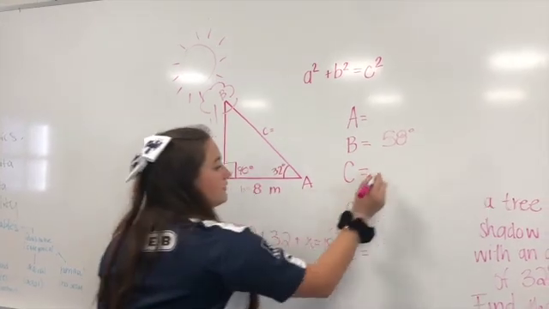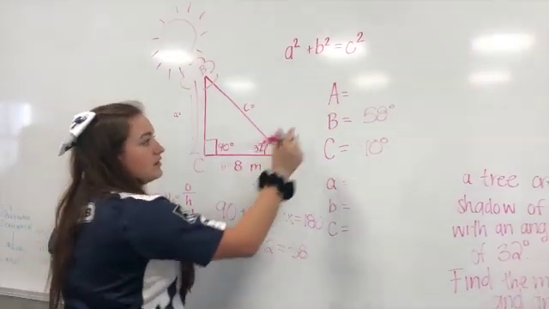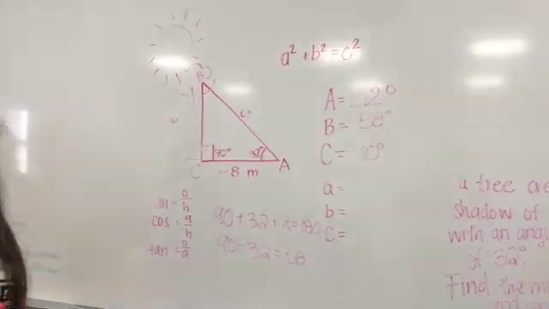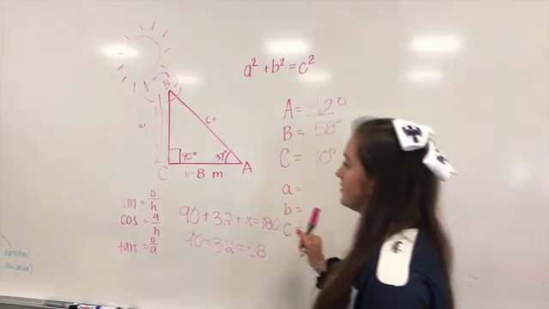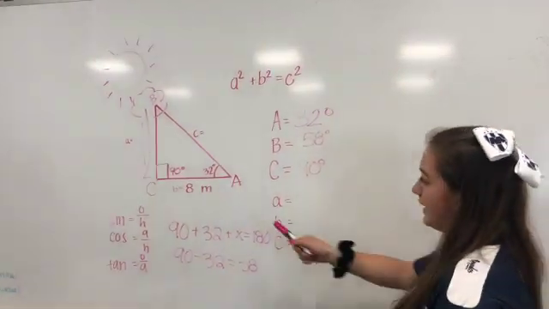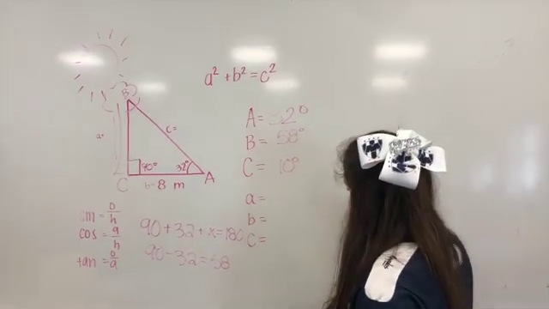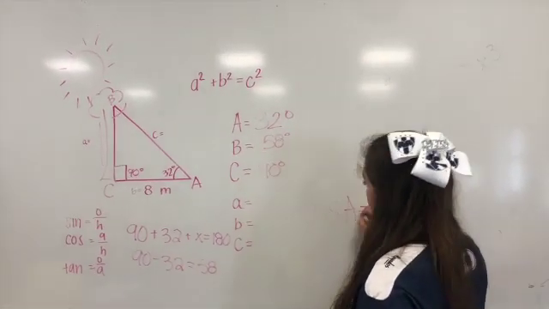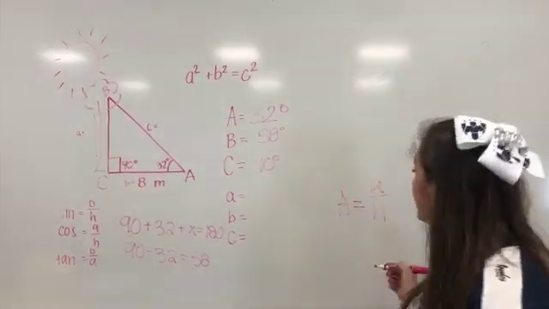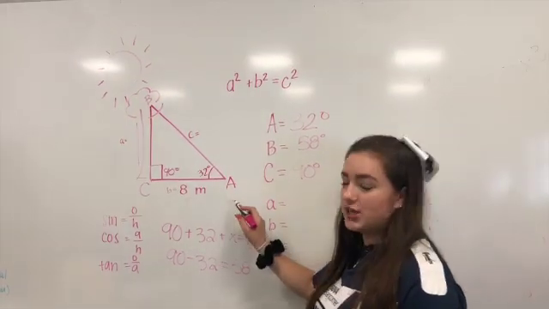We know that C is a right angle, and the angle of elevation, which is A, is 32 degrees. First, we need to get the hypotenuse. How do we get it? We can get it by applying cosine. Cosine of A equals adjacent over hypotenuse. We don't have the hypotenuse, but we have the 8 meters that is adjacent.